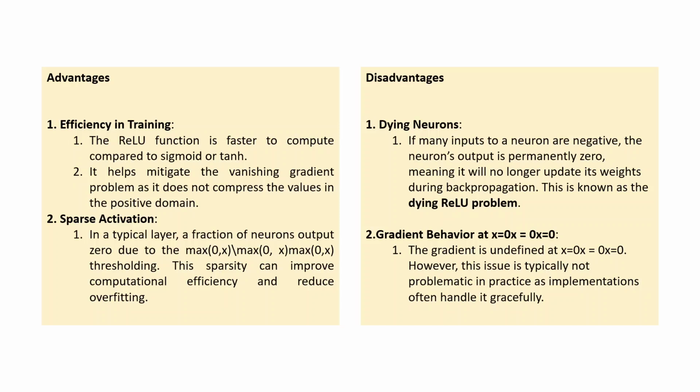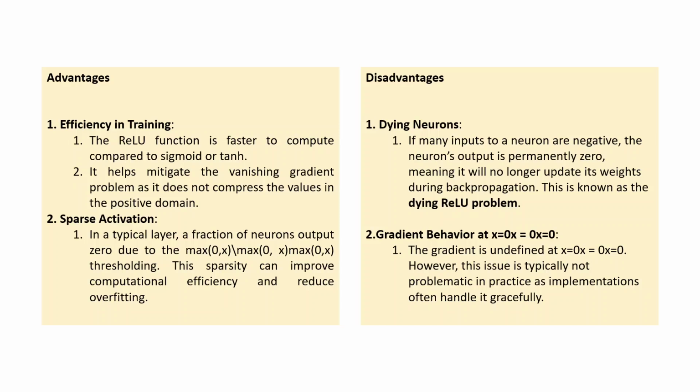So it's like having a teammate who is permanently disengaged. Frustrating, isn't it? Gradient at 0. Technically, the gradient at x equal to 0 is undefined. But don't sweat it. Modern frameworks handle this gracefully, so it's rarely an issue in practice.